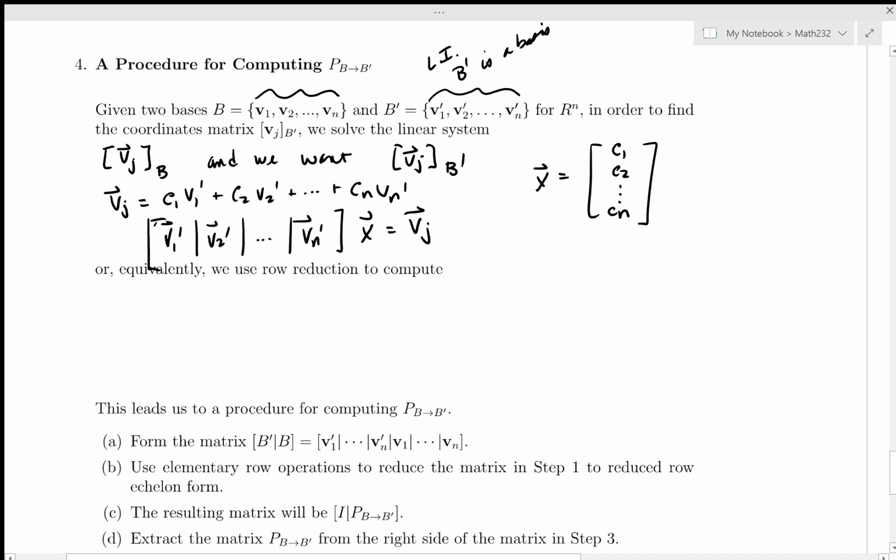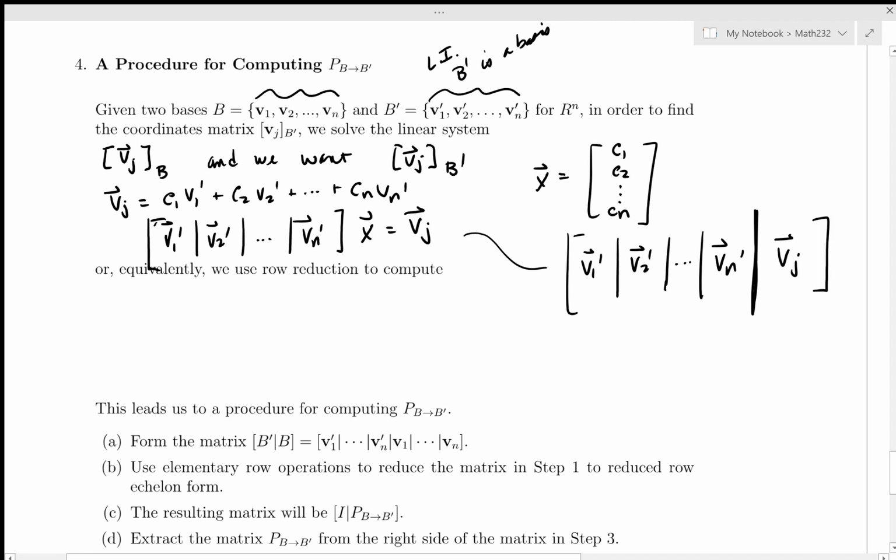Which means, of course, we can solve the linear system by row reducing the augmented matrix V1 prime, V2 prime, through Vn prime, with Vj there.